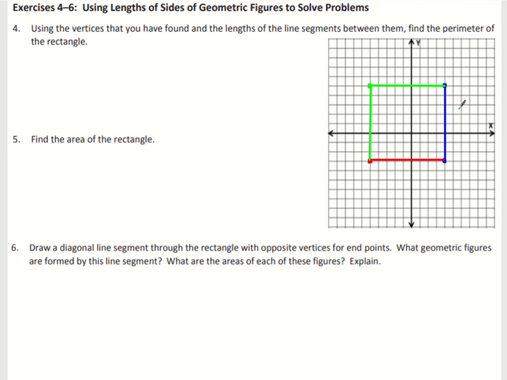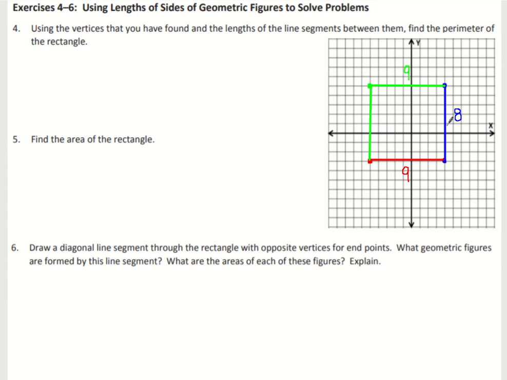Well, our original side length from exercise 1 was 8 long. Exercise 2 told us to make a line segment that was 9 long. And as we know, the opposite sides of a rectangle are going to be the exact same as whatever's opposite of it. So if this side is 9, this side has to be 9.